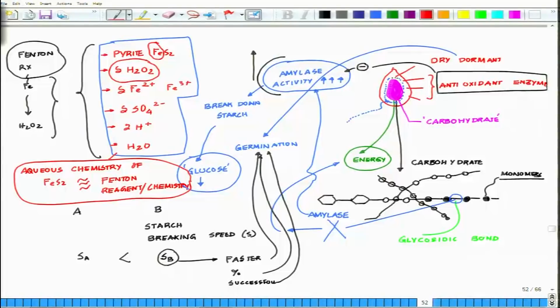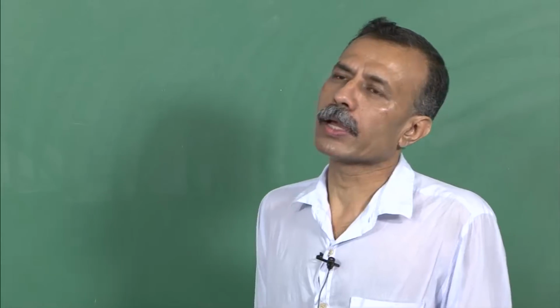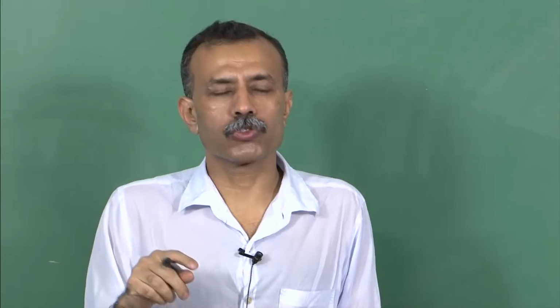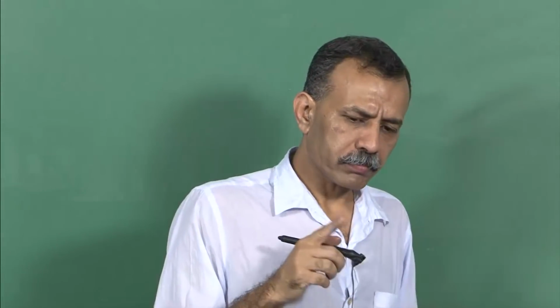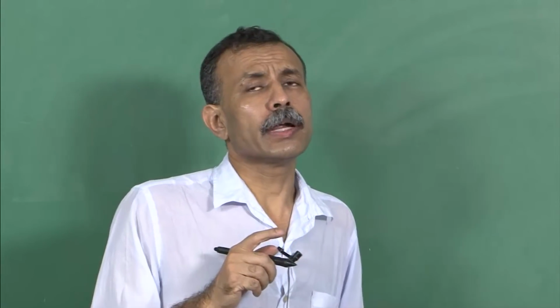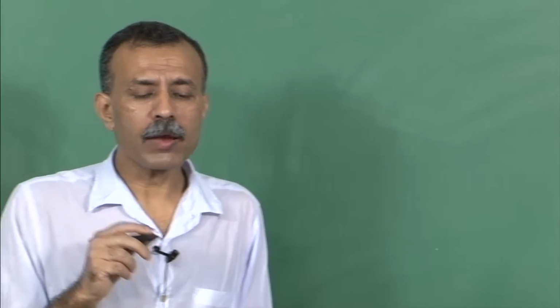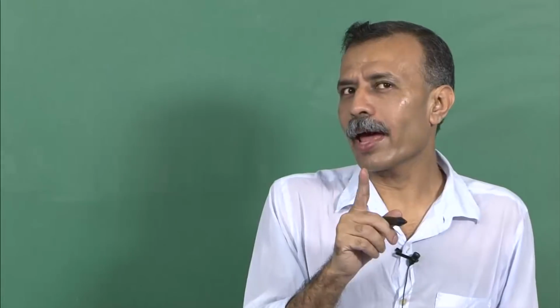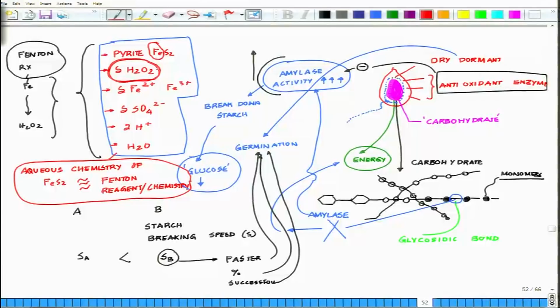You have this hydrogen peroxide here. This was way back in the 1920s. There was a wonderful paper published in the Journal of Biological Chemistry. It said that hydrogen peroxide can mimic, mark my word carefully, can mimic the activity of amylase.